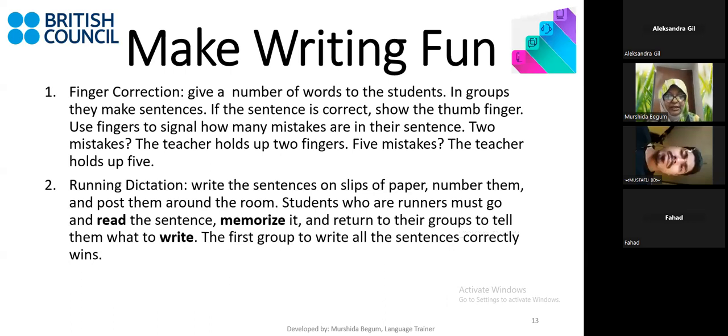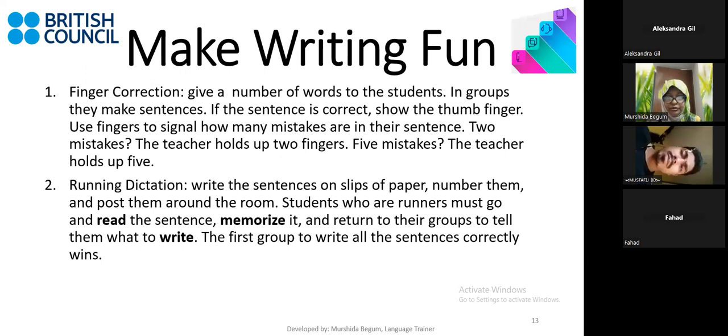Another one is running dictation, where what you do is write sentences on slips of paper, or maybe a paper, and number them and post them around the room. Maybe use glue tag and put it on the walls or around the room. It's a pair work, two students together.